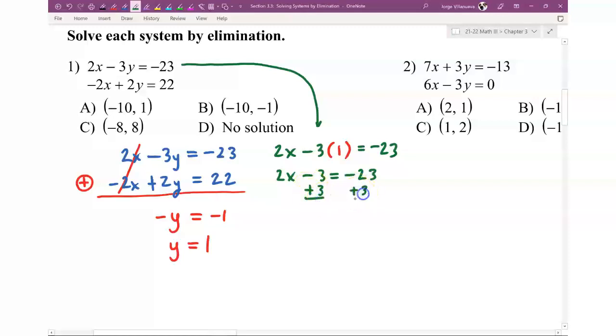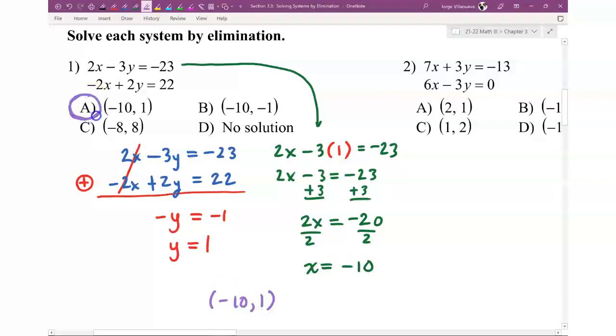Okay, so plus 3, I get 2x equal to negative 20. So what's my next step? We're going to divide by 2 and I'll get x equals negative 10. So here's my answer, guys. It's going to be negative 10 comma 1, which is A.